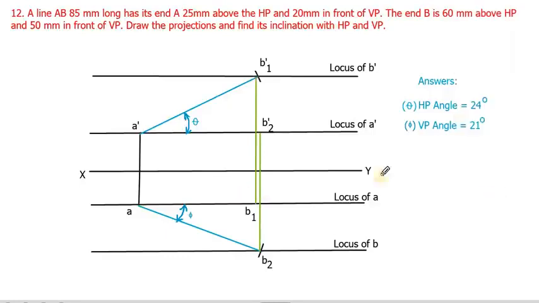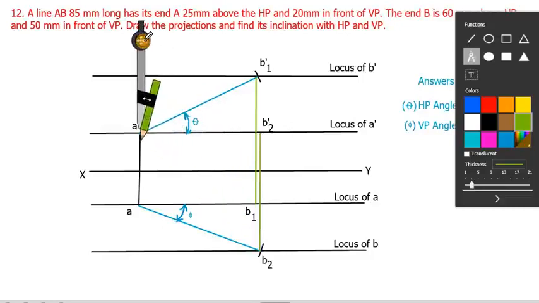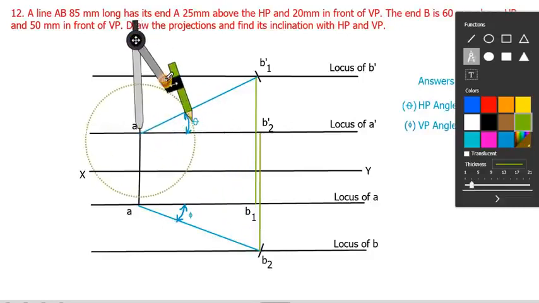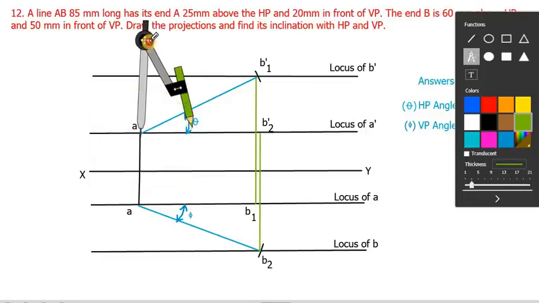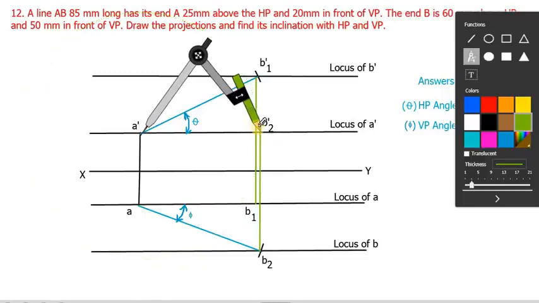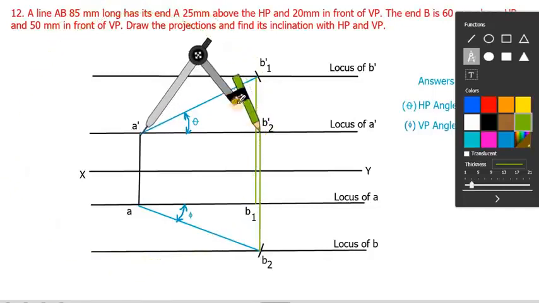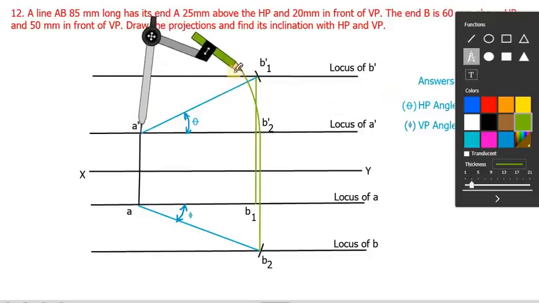That's all. The last step is to draw the front view and top view. Take the compass with A dash as center and A dash B2 dash as radius. Draw an arc up to the locus of B dash to cut B dash.